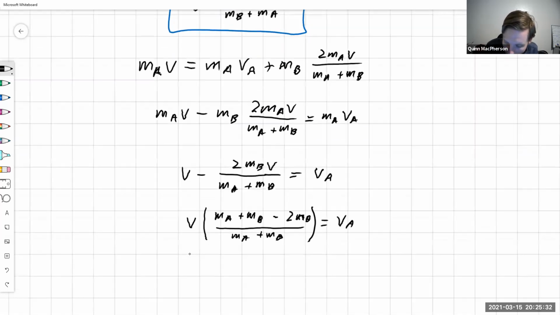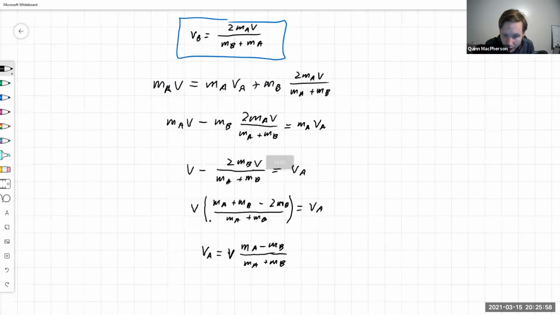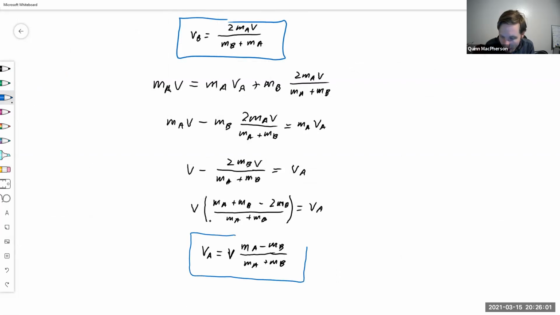In other words, VA is equal to V times MA minus MB over MA plus MB. There seems to be some symmetry about that. Okay. So those are my two equations for VA and VB. And that is how you solve an elastic collision where one of the objects starts motionless.